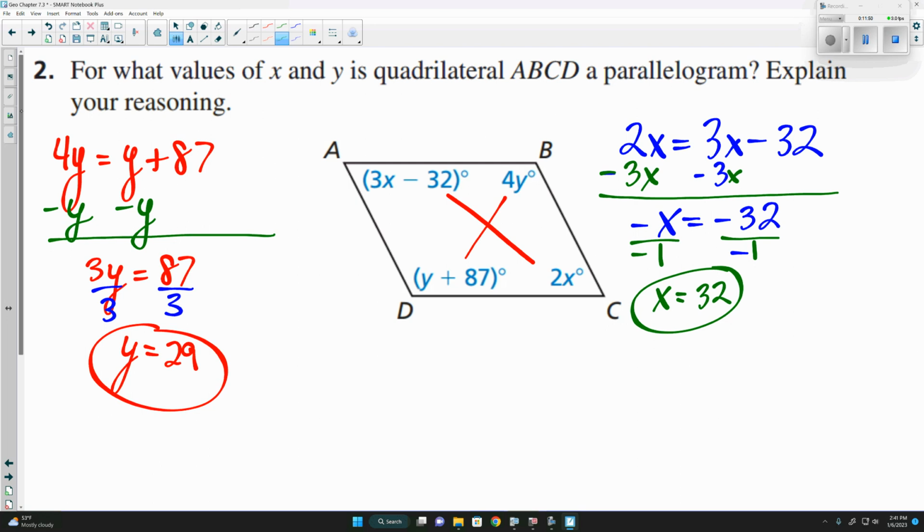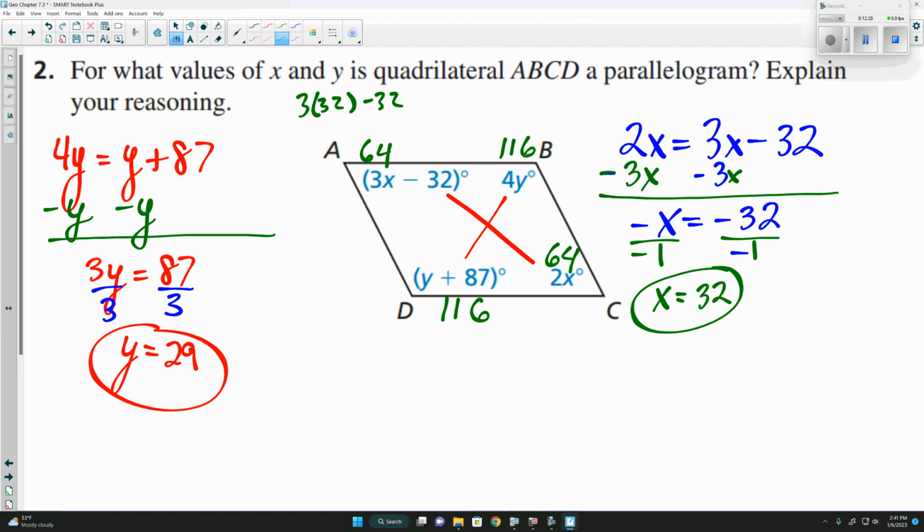For x, 32 times 2 is 64. 3 times 32 minus 32 is going to be 64. 87 plus 29 is 116, and 116 plus 64 is indeed 180. So those are the correct answers.